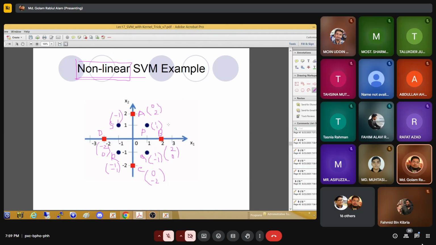So how can we separate them? We can think about a circle, like we can draw a circle like this. Inside the circle, those are negative, and outside the circle, those are positive. But again, this circle is a nonlinear equation. The support vector machine will not draw such nonlinear boundaries.